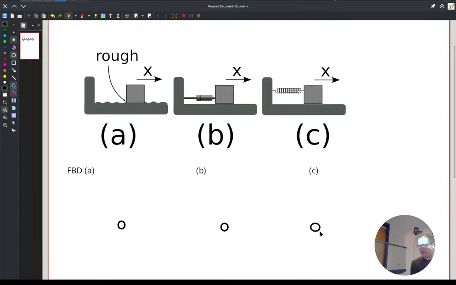All right, so take a second. What forces are acting on block A, block B, block C? What do they look like? Okay, nice.